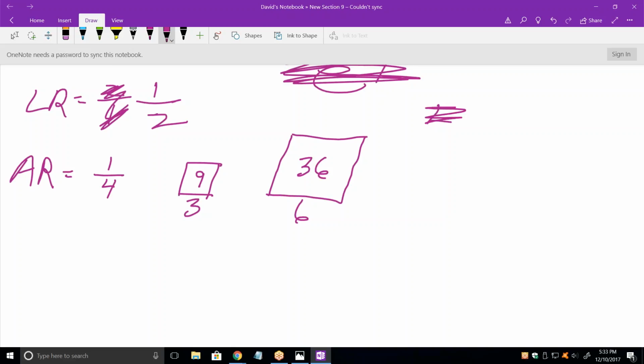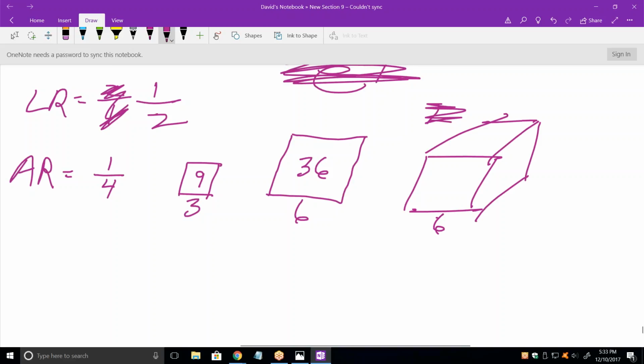Okay. And now let's take it to a box, three-dimensional, that is 6 on each side.